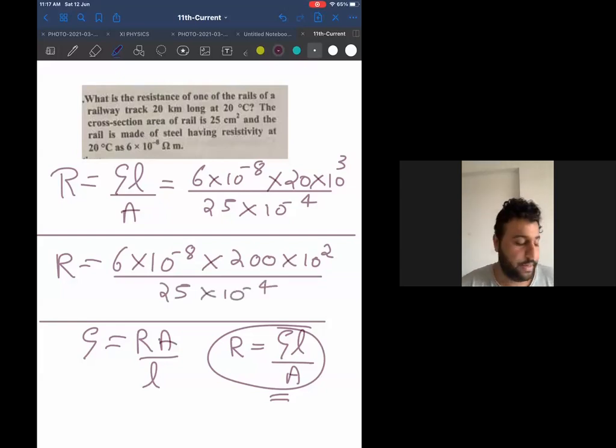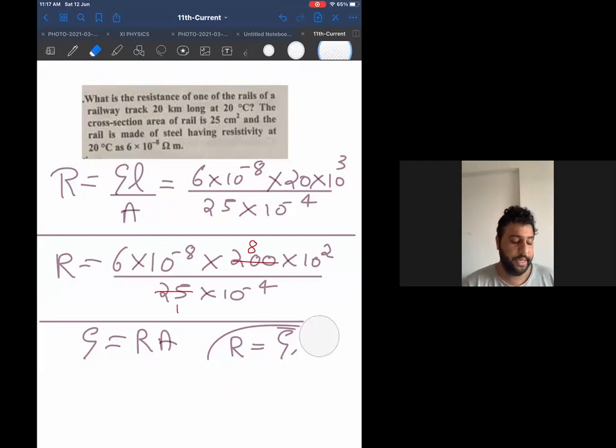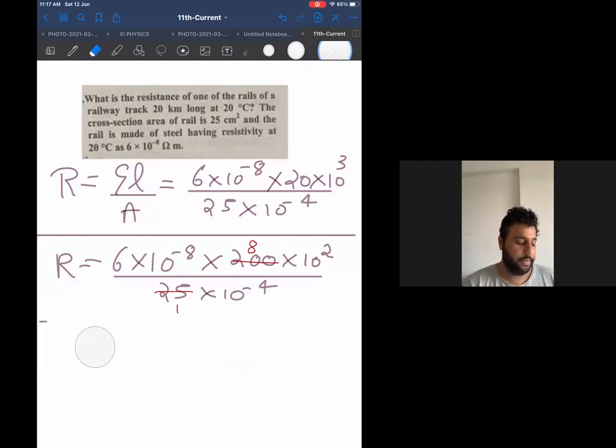Why did I do that? Because 25 can directly go in 200, 25 ones are 25, 25 eights are 200. Therefore, can I say my denominator number has gone completely. Now, I'll take 10 power minus 4 to the numerator.